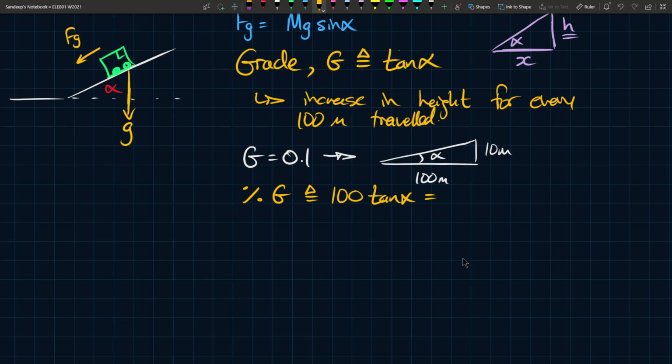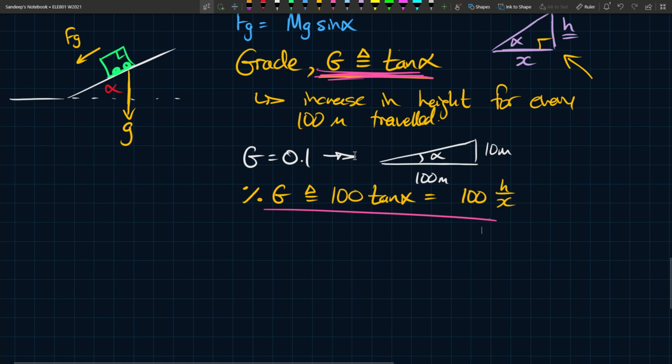And we can say that this is 100 times h over x, because if you assume a right angle triangle up here, opposite over adjacent gives you tan alpha. So these two equations are used to determine the grade.